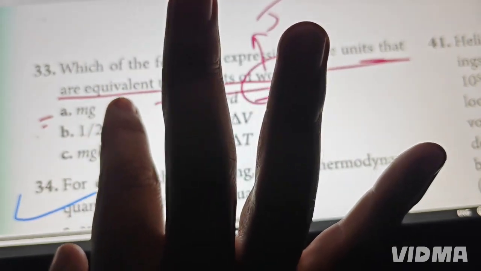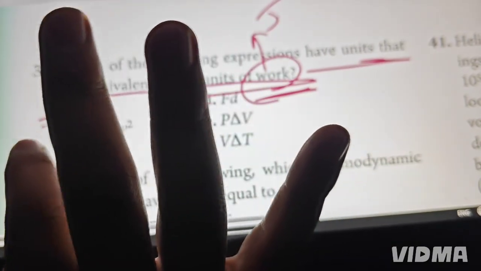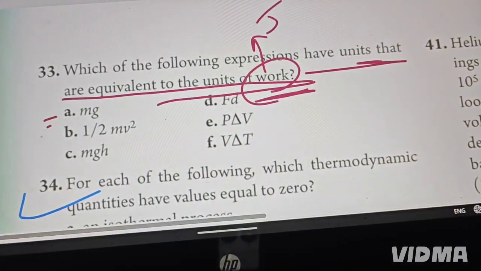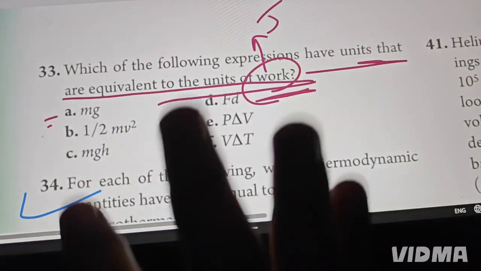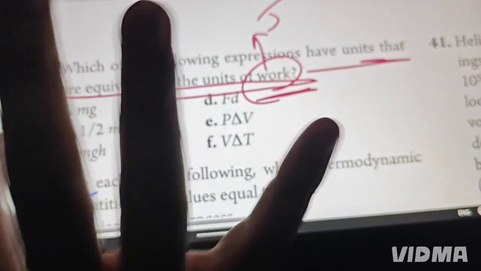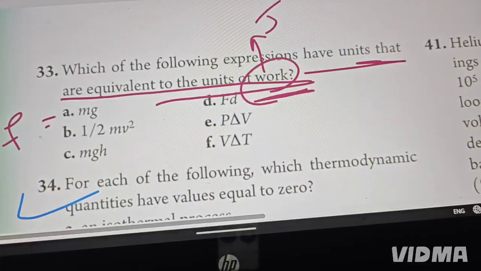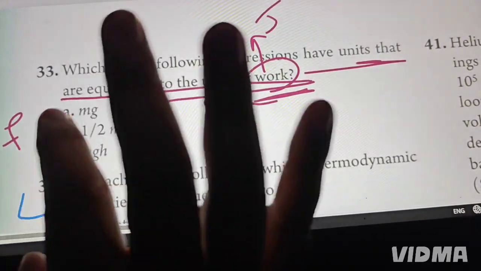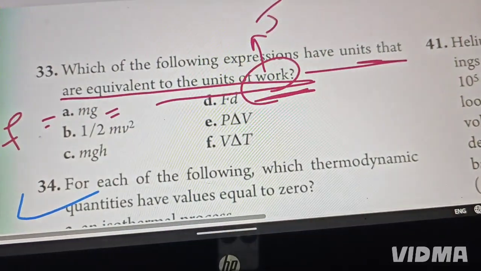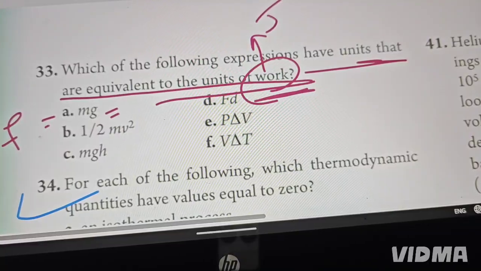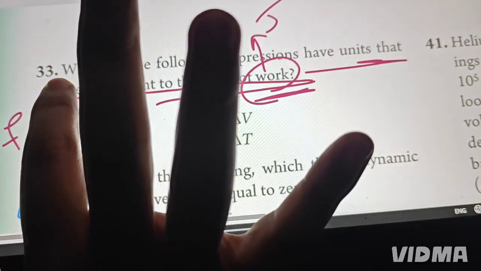The unit of mg is not equal to joule, because mg is the rule of force, force equals mg. So unfortunately this unit is not equal to joule. This is incorrect.